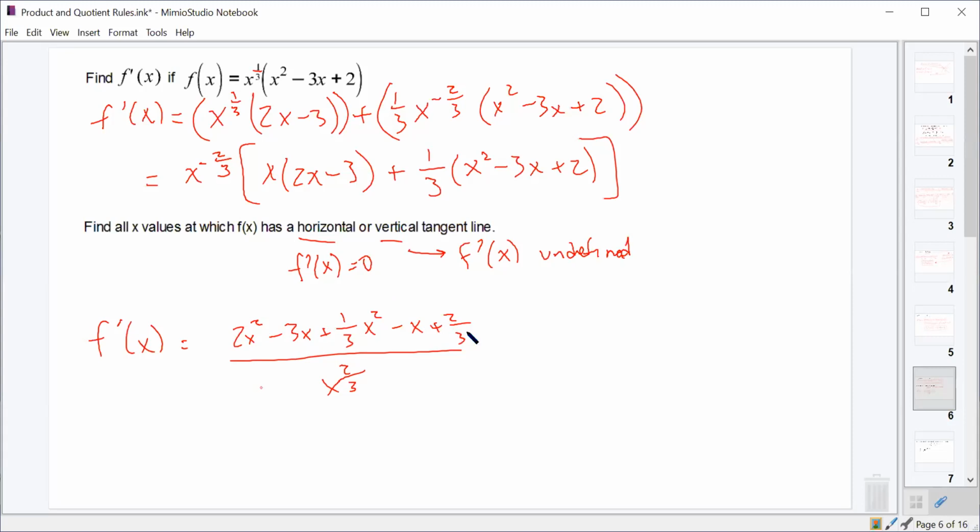I don't like having little fractions up here. How many of you like having little fractions up there? None of you? Good. So if I were to get a common denominator of 3 for all of these terms, could I drop the 3 in each of these denominators to my actual denominator?